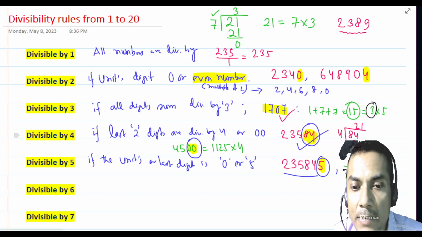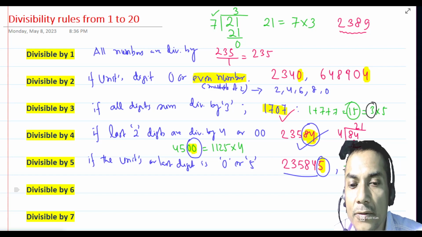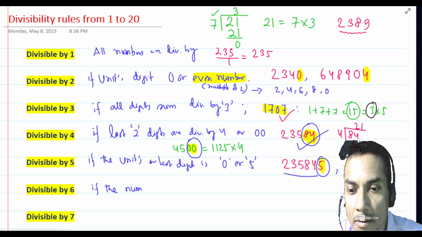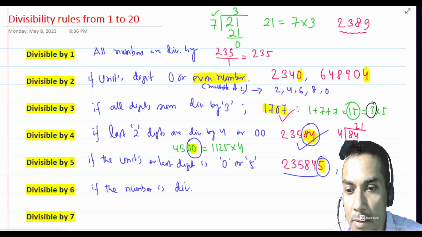What is the divisibility rule of 6? If the given number is divisible by both 2 and 3.